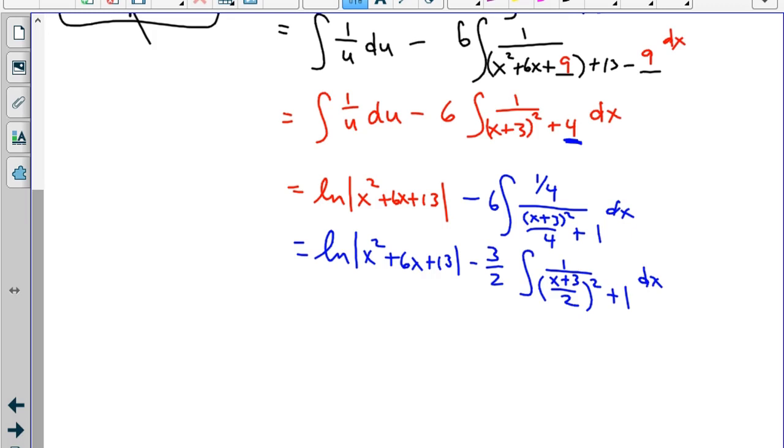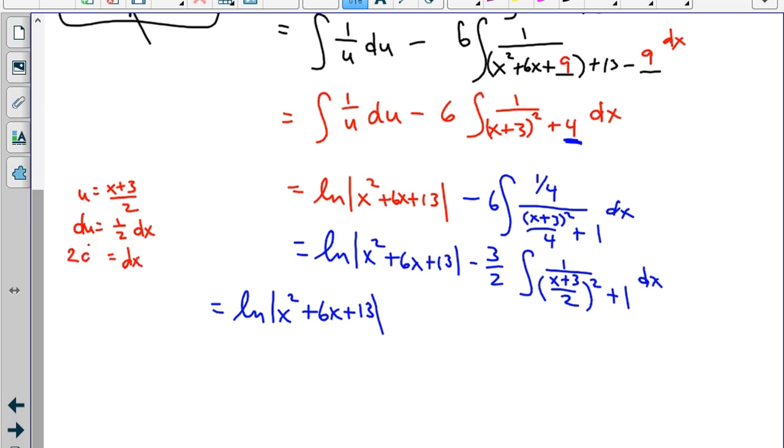Now that we can integrate, so I have the natural log of the absolute value of x squared plus 6x plus 13, and that one looks a whole lot like arctangent. So I can make a u substitution over here. So u equals x plus 3 over 2. du equals 1/2 dx. So dx in this case is equal to 2 times du.